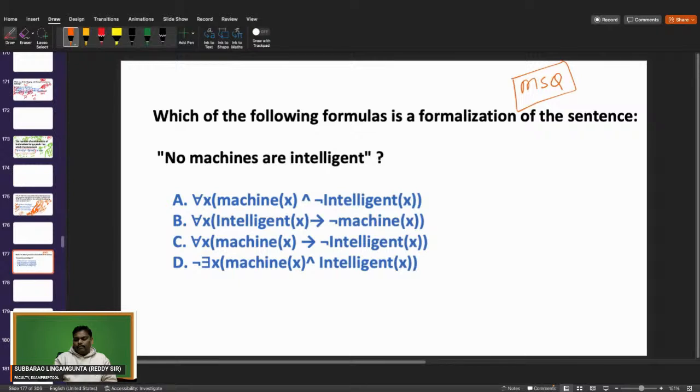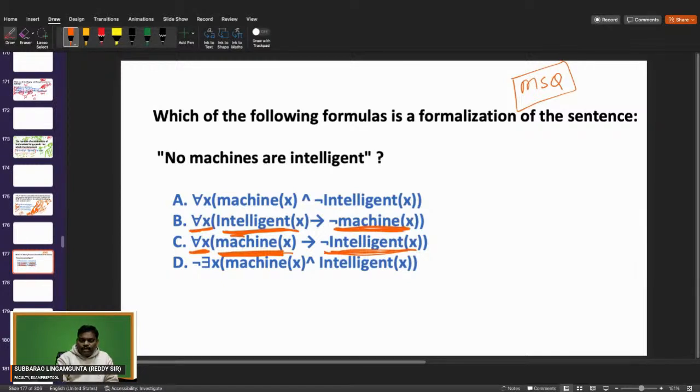That means, if you observe clearly, for all x, if x is a machine, it cannot be intelligent. And one more way of saying: for all x, if it is intelligent, it cannot be a machine.